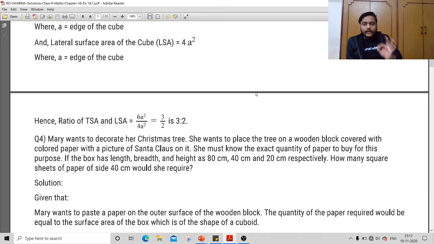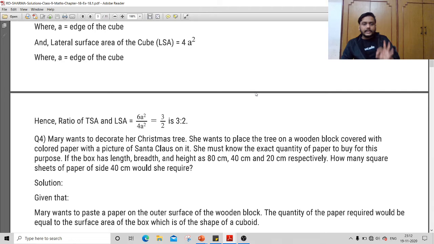She wants to buy that colored paper from the market. In order to buy it, she needs to know the exact quantity of paper, how much paper she has to buy. She needs to ensure she brings exactly as much paper as needed to cover the block.